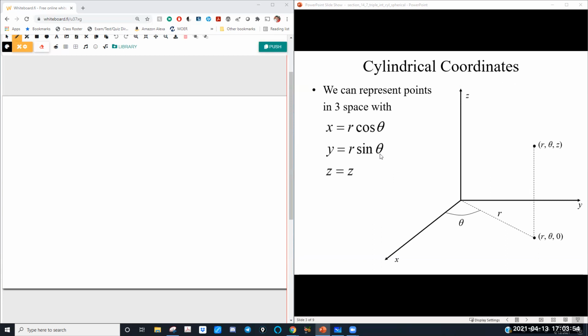I don't have the other conversions on this particular slide, but if you remember, r squared equals x squared plus y squared, and tangent of theta equals y over x. Okay, so all those transformations from polar are the exact same as cylindrical. Again, all we're really doing is adding in the z coordinate, or the z component, to make it for 3D.